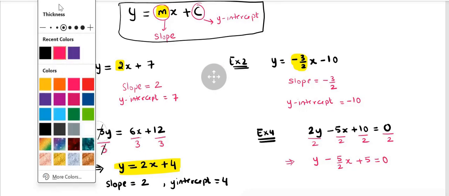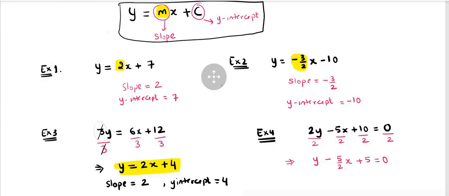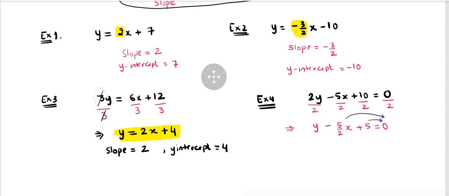Now, when you look at it, this equation is still not in slope-intercept form because here we need y equals something, whereas here we have y minus or plus something. So we need to move these terms to the other side of the equation. We get y equal, now since it's minus 5 over 2x, when we move it to the right side, we get plus 5 over 2x.